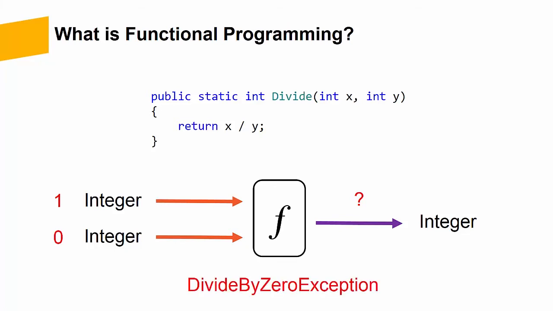It will throw an exception, divide by 0 exception. So this method pretends that it can process any combination of two integers, but in reality it has an edge case which is not present in the method signature. So it deceives the caller, the client code, about its functionality. It doesn't convey full information about its possible outcomes to the client code.